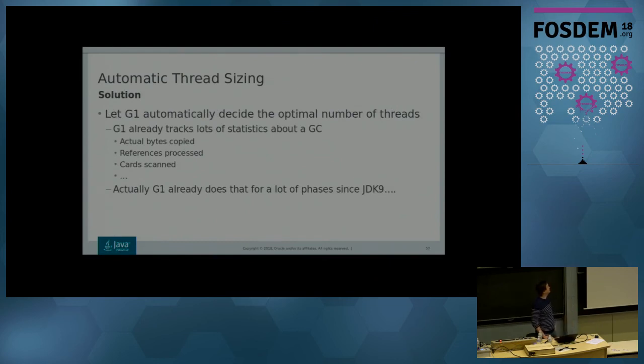And our solution that we are going to implement here is to let G1 automatically decide this number of threads, because G1 already takes a lot of statistics about GCs, how long it takes to copy a certain amount of objects, how interconnected they are, and such things. So it seems obvious to let the garbage collector decide that. And actually, G1 is cheating a bit: since JDK 9, some phases of the garbage collection actually do exactly that for performance reasons.